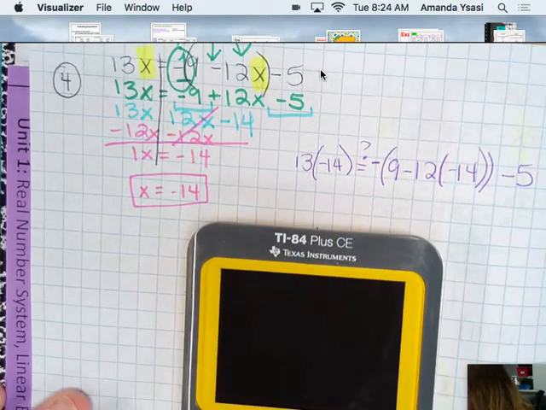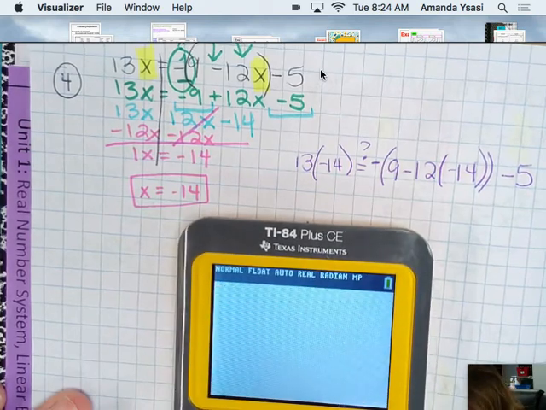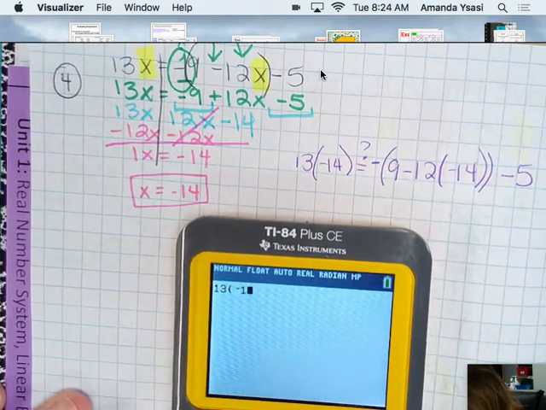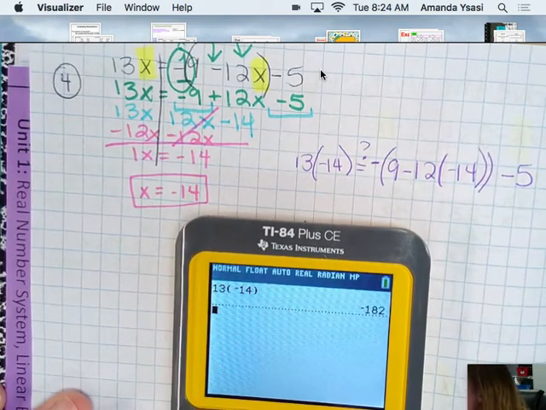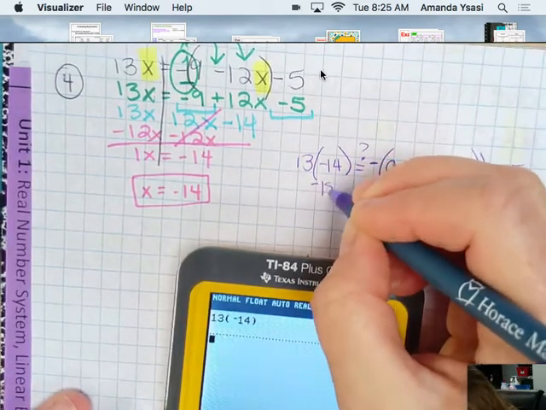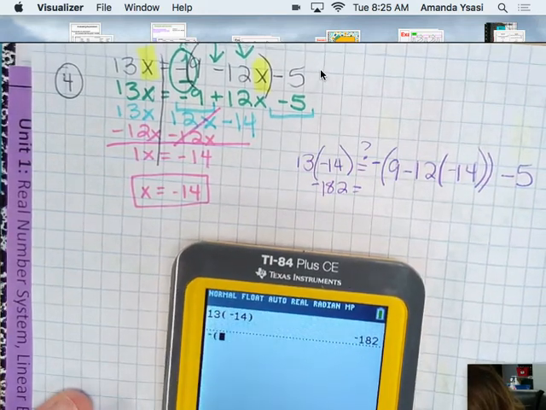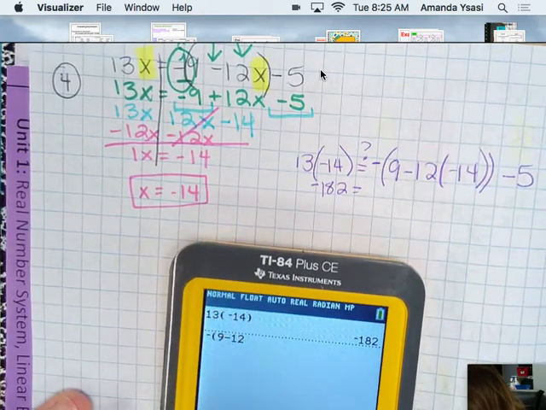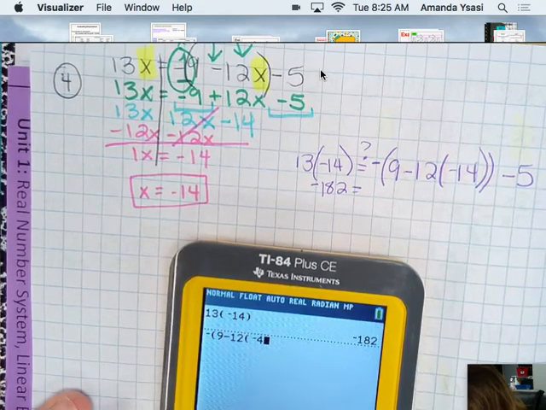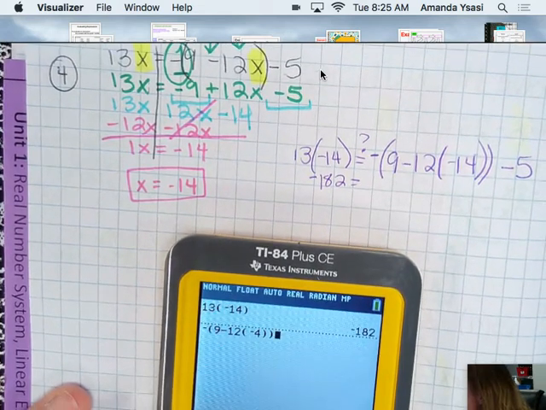You could do a bracket, but you don't have to. So the left side is -182. And then we have negative parentheses 9 minus 12, parentheses -4. Close parentheses twice. I think it's -14.